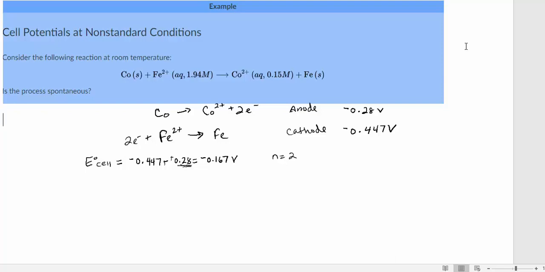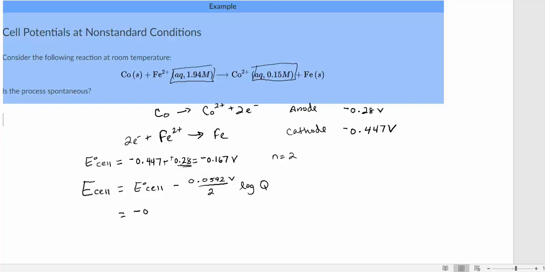So now I can use my non-standard conditions, and I can find the E of the cell, the non-standard cell. Now I start with the E0 of the cell, the standard cell, and I will subtract this non-standard adjustment factor. Now the log of the Q, remember that's going to be our products over reactants.